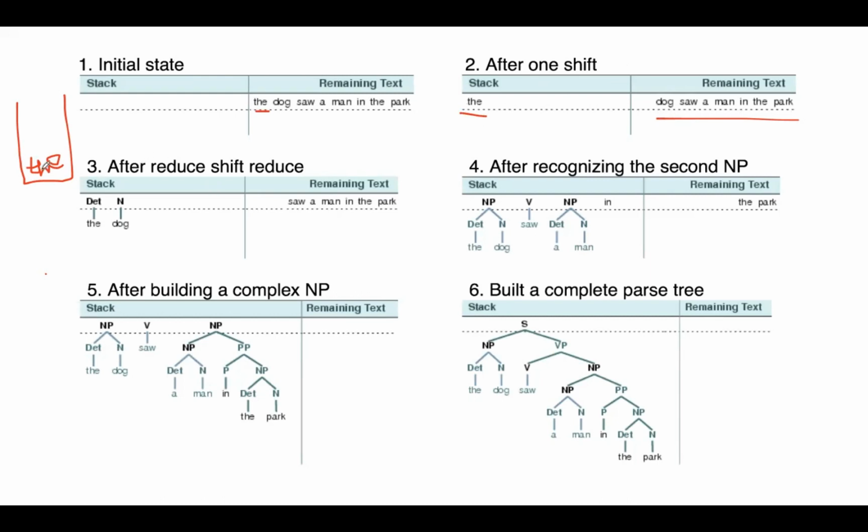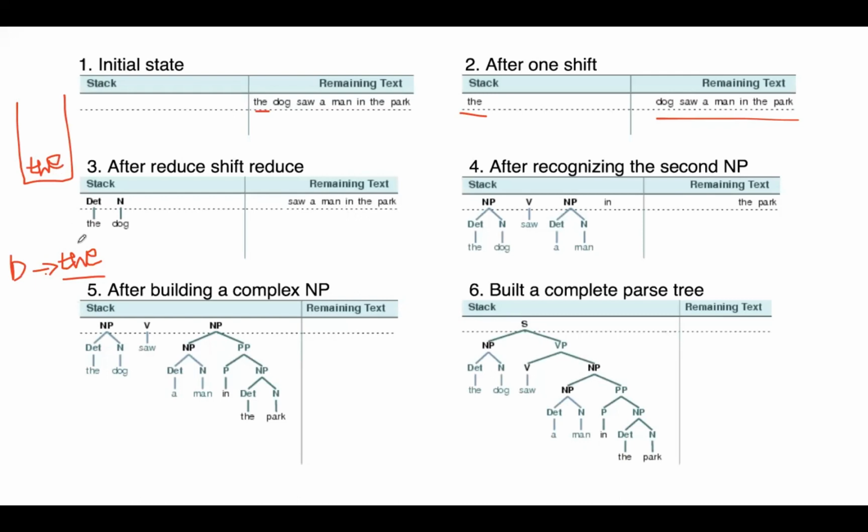Now you need to replace this element with a POS tag. For that, assume that we have the production determiner derives the. As we already know that the is a determiner, you can assume a production like this. Now match this word with the RHS of the given production.